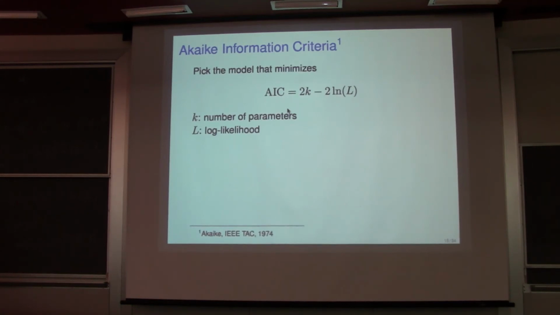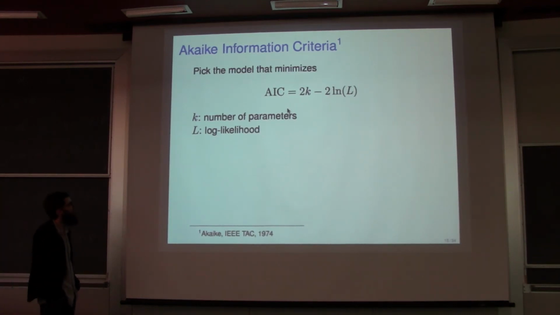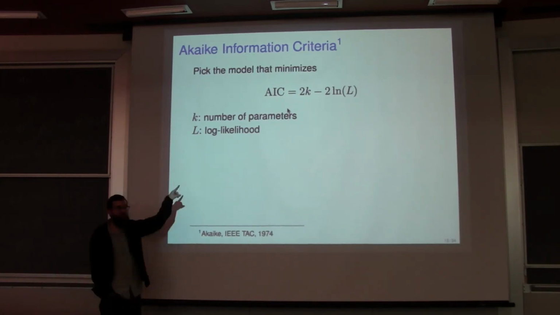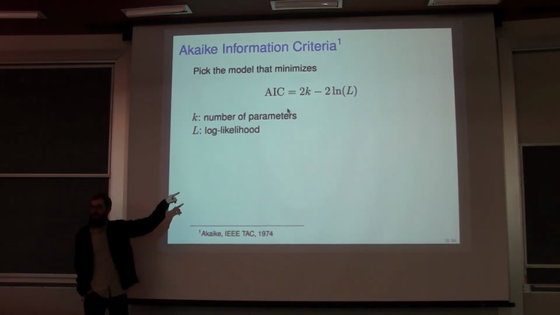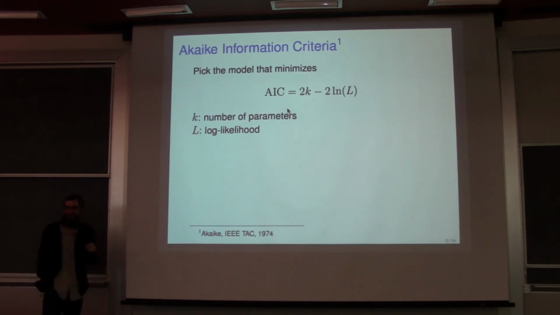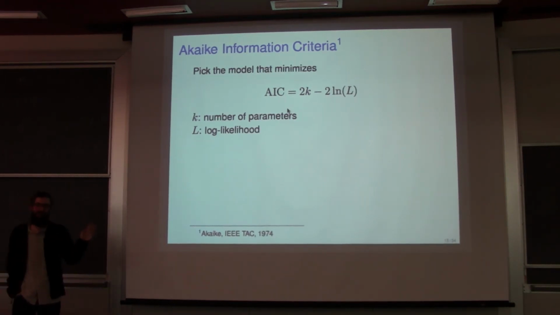And so these information criteria are one way to go about that. So this is the Akaike information criteria, or AIC. What's funny is that Akaike did name this the AIC, but he didn't name it after himself. He was calling it an information criteria, so that was the AIC, and everyone else has been calling it Akaike information criteria since. So he wasn't arrogant enough to name it after himself.